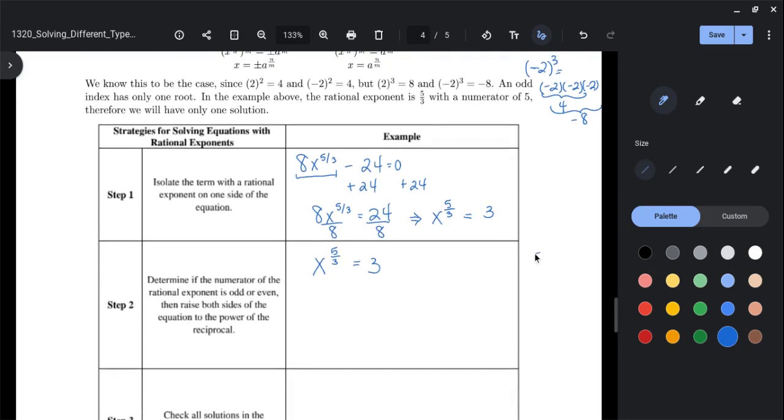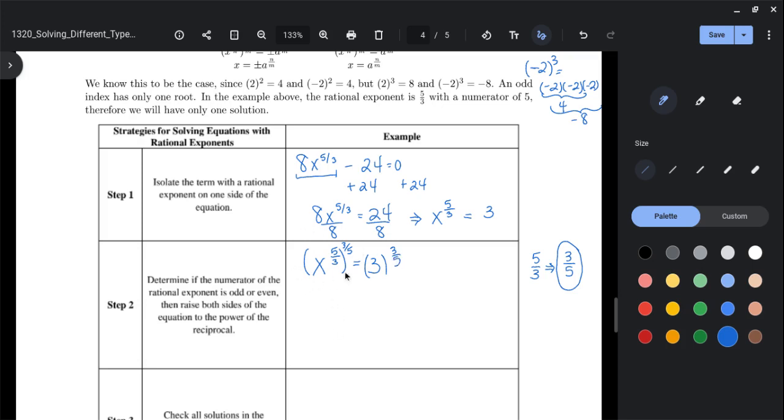Now, the reciprocal of 5/3, we switch the numerator and the denominator, is going to be 3/5. This is the power we're going to raise both sides to. So x to the 5/3, to the 3/5 power. And then we're going to do the same thing with 3, raise that to the 3/5 power.